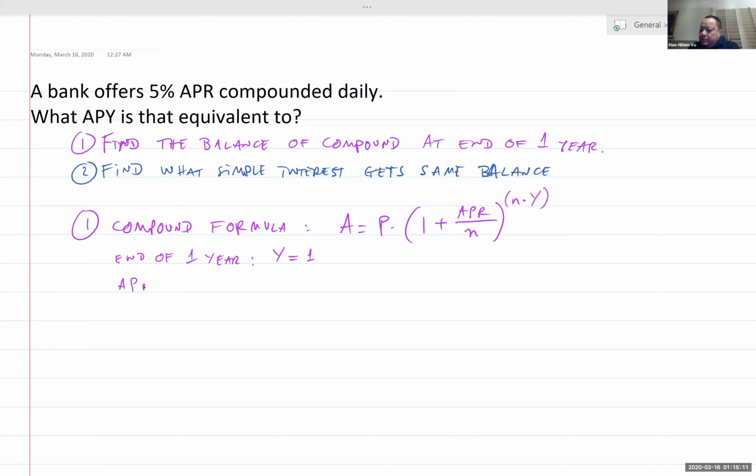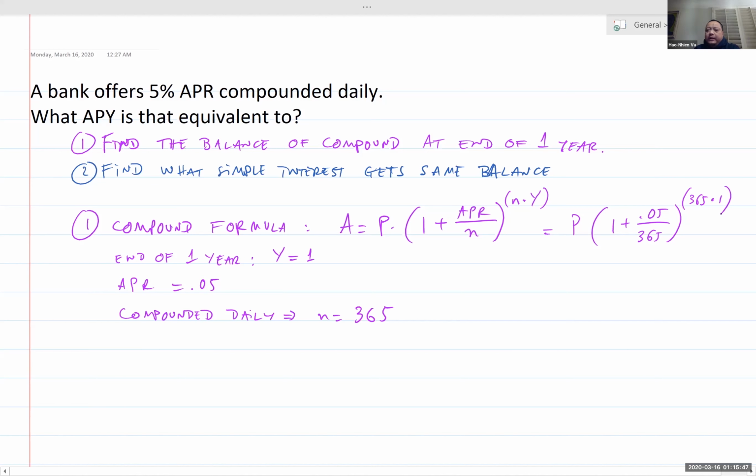We're given that APR is equal to 0.05, and because it says compounded daily, then that tells me that n is equal to 365. Okay? So I plug all of that in. I have p times 1 plus 0.05 divided by 365 to the power of 365 times 1. And I'm kind of stumped right now because I don't know what p is.